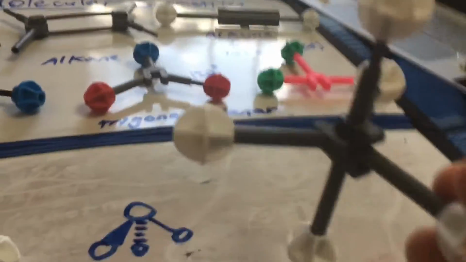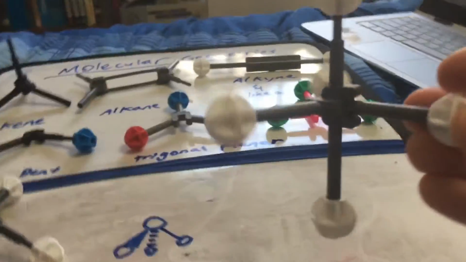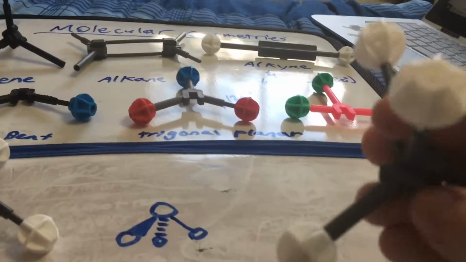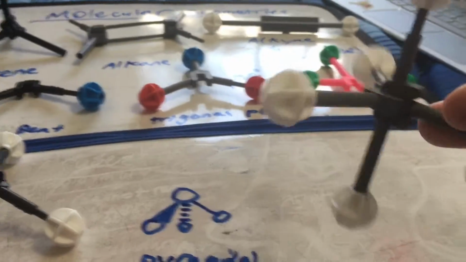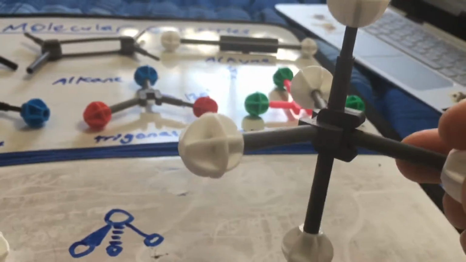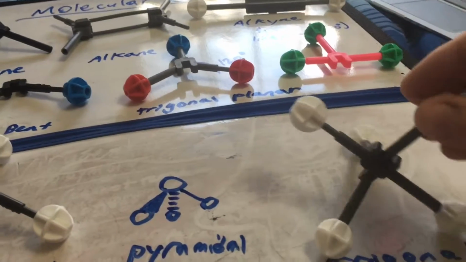And because of that and the electronegativity, then instead of them going down like that, they go out to the sides like this. So you have kind of a mix of trigonal planar and linear, if you can imagine it like that, but it's probably easier to think of it as tetrahedral with an extra bond on the bottom.